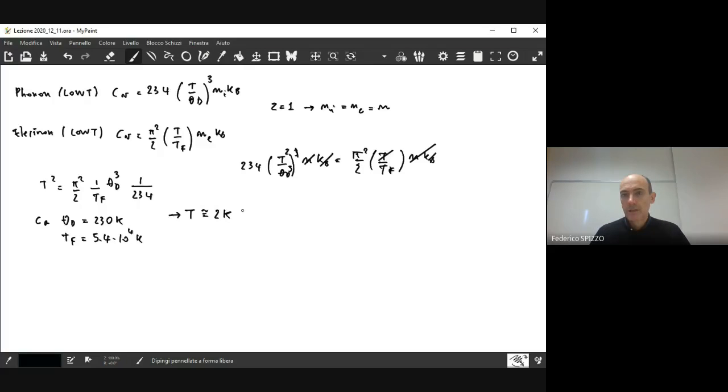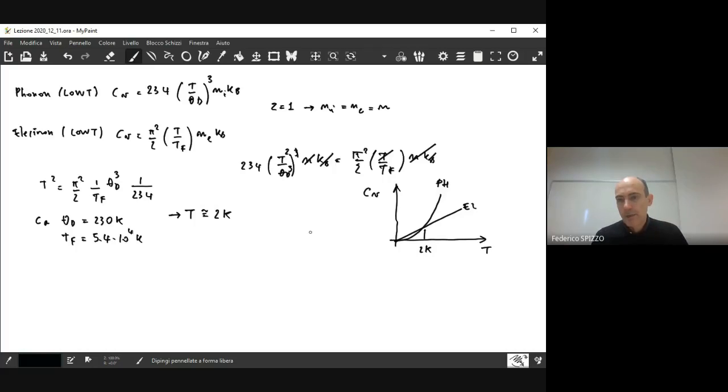So in this approximation, the crossing between the phonon dependence and the electronic one takes place at about 2 Kelvin. So in this case, to appreciate the switching from electronic to phonon behavior, you have to go down to a really low temperature.